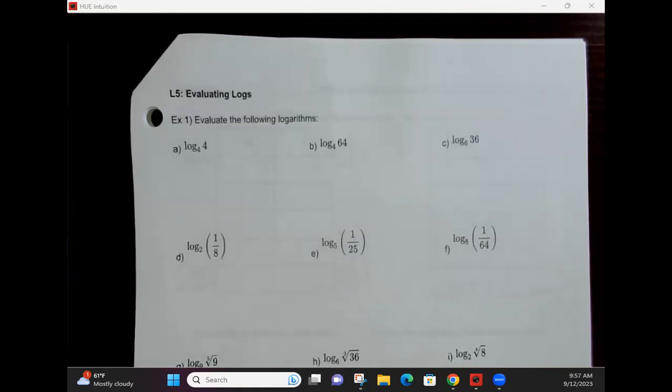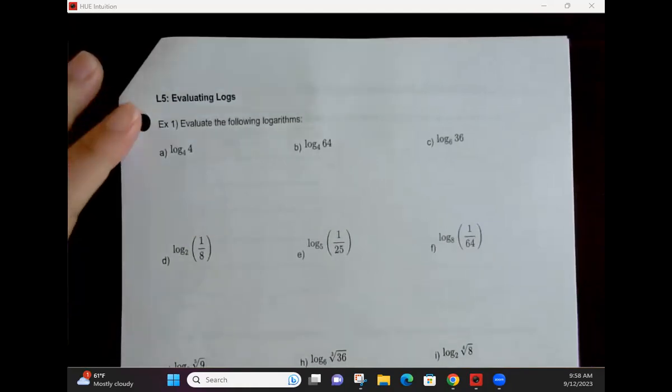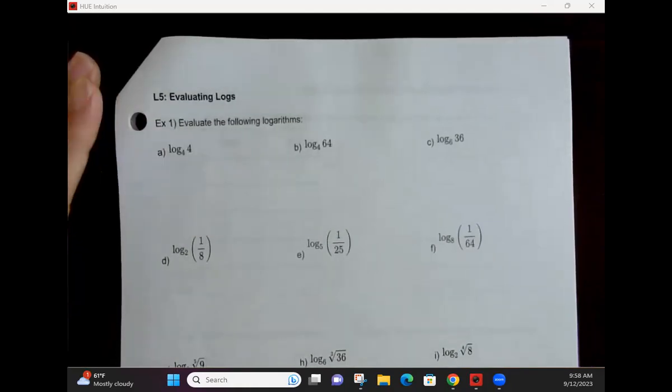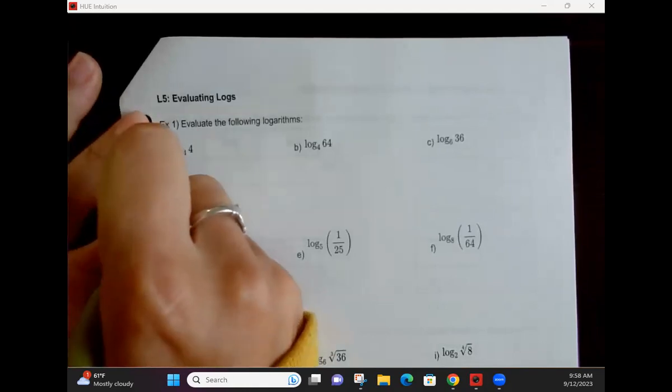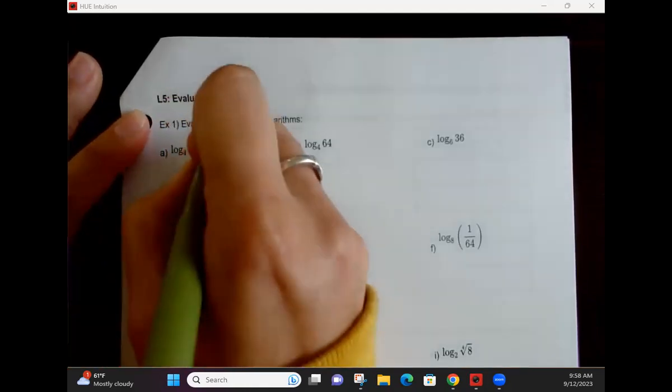As we're starting evaluating, for a lot of people, it is helpful to keep that exponential form in mind, especially when we get to things like the maybe second and third rows of evaluating. Remembering that this is tied to an exponential is really helpful. So as we look at A, log base 4 of 4. What I am asking, right, this is equal to something.